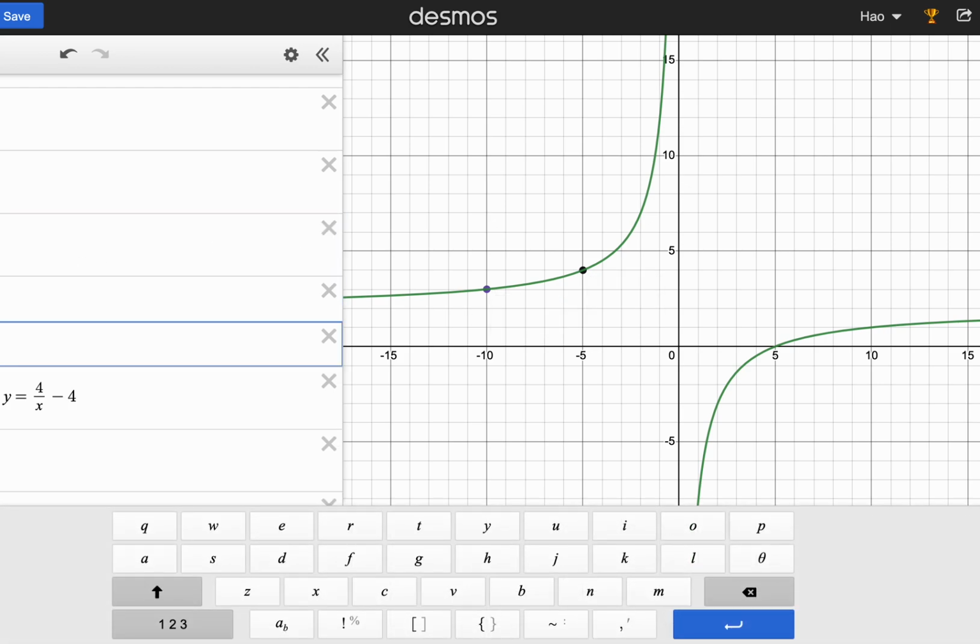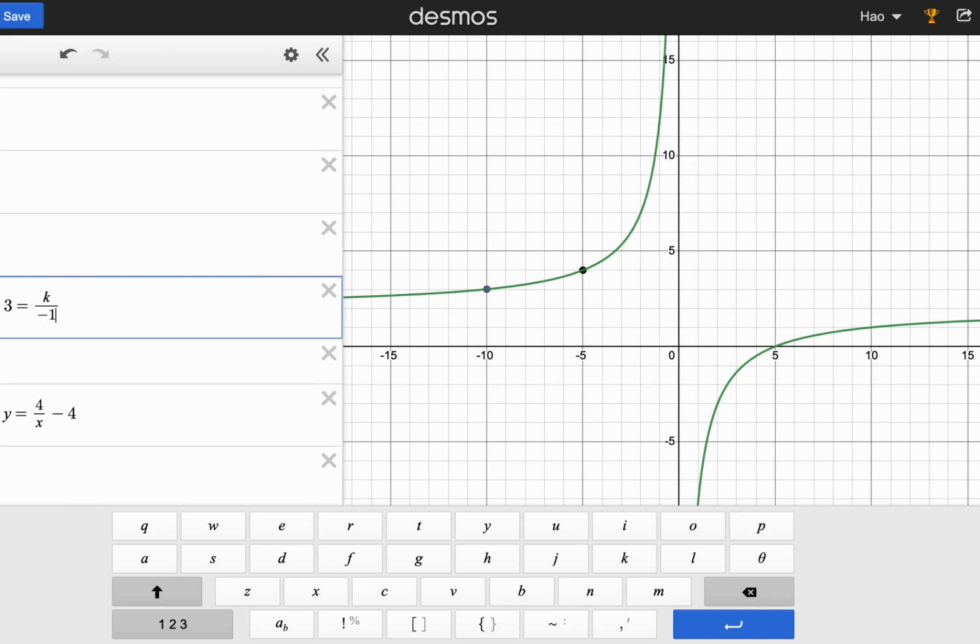If you don't believe me, I can show you after I have worked it out. For the first one, (-10, 3), it's 3 equals k divided by -10, plus b.